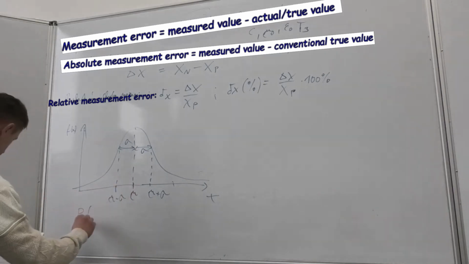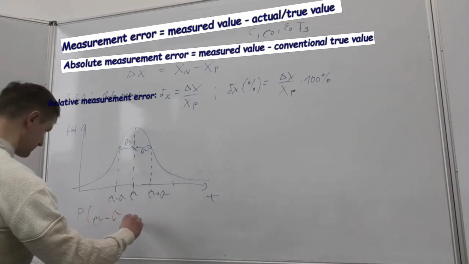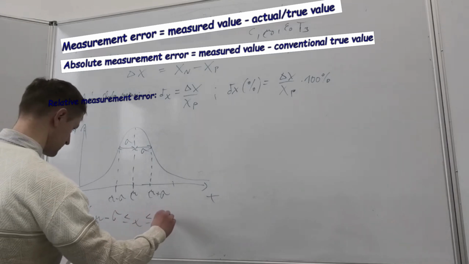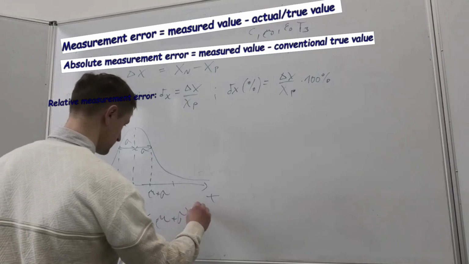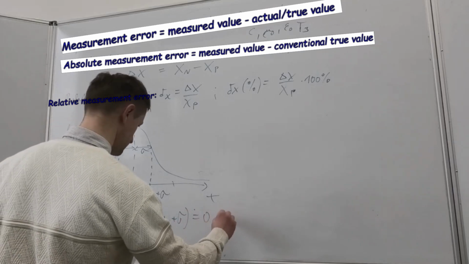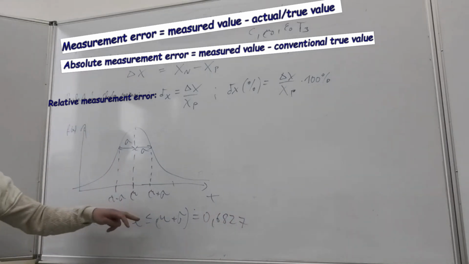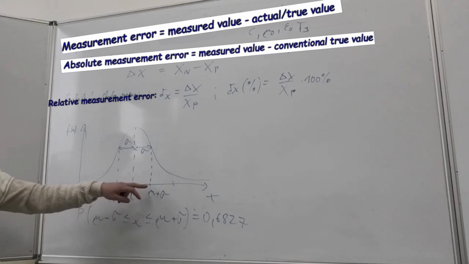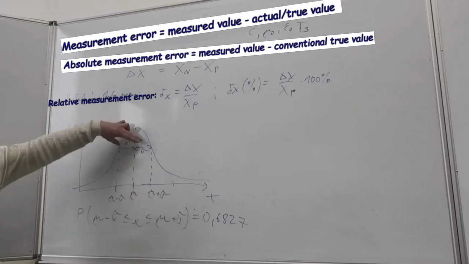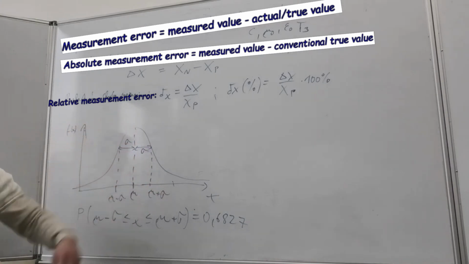The following applies. The probability that with a normal error distribution, you will measure a value in this interval, around the mean, is approximately 68.5%.